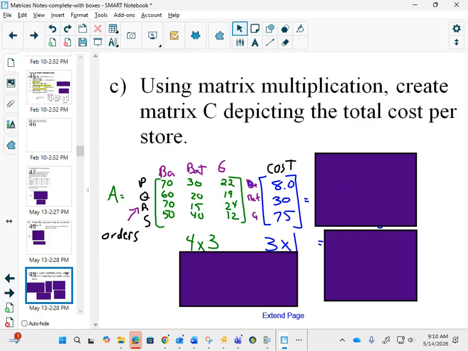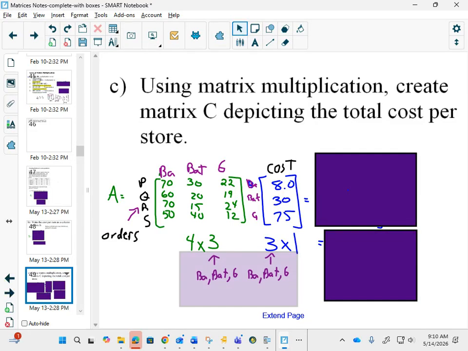What's really important in matrices is that the middle numbers have to match up, and in word problems they must represent exactly the same thing. So you see how we have ba, bat, G here and ba, bat, G there as well.